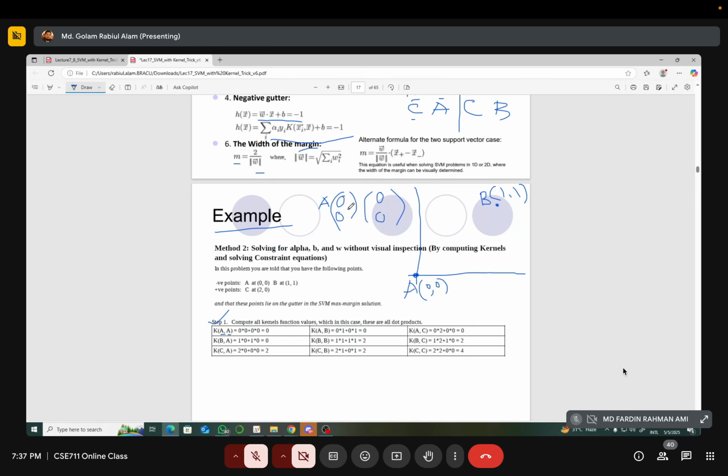Now we want to find out the dot product. In that case, we will get 0 times 0 plus 0 times 0, which is 0. So KAA is 0.